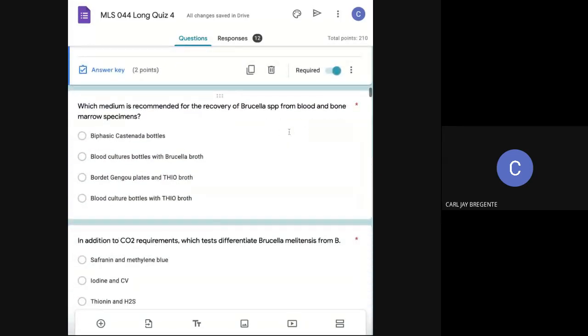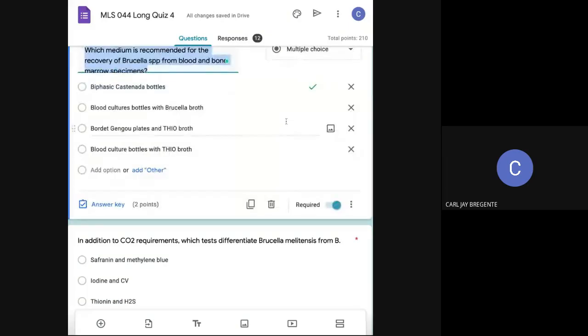Which medium is recommended for the recovery of Brucella species from blood and bone marrow infections? Brucella, you have there biphasic Castañeda bottles. Biphasic Castañeda bottles are the medium of choice for Brucella species because the slant contains enriched medium.